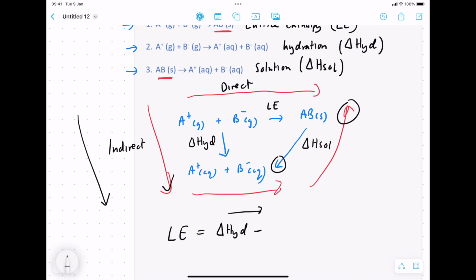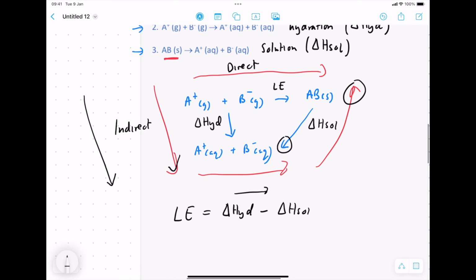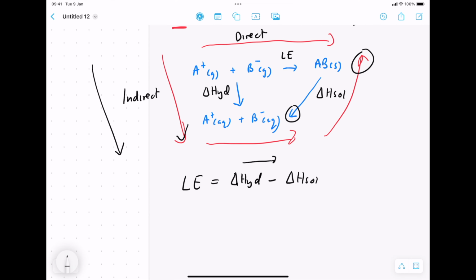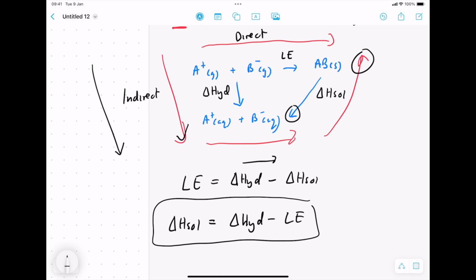So it'll be minus delta H sol. Now if I rearrange my equation to make delta H sol the subject, delta H sol is equal to the hydration enthalpy minus the lattice enthalpy. And that is my final expression there.